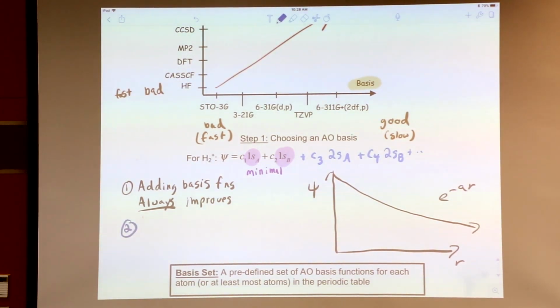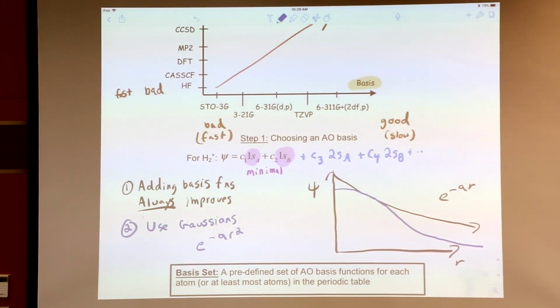And so when the going gets tough, the tough get empirical. Instead of using these exponential functions, what we use in practice are Gaussians. Gaussians look like e to the minus alpha r squared instead of e to the minus ar. If I plot a Gaussian on the same axes and choose the alpha value appropriately, I could get a Gaussian that might look like that.